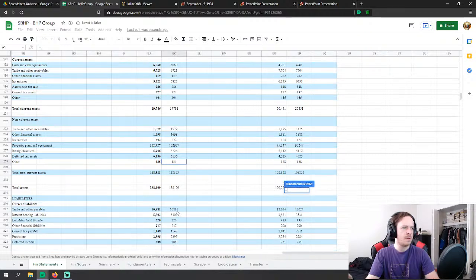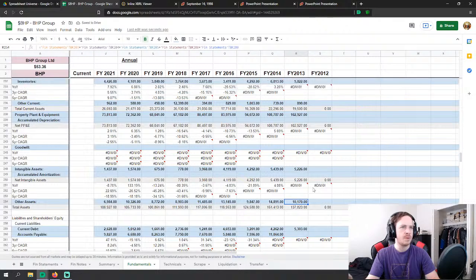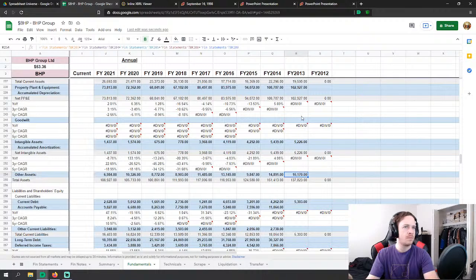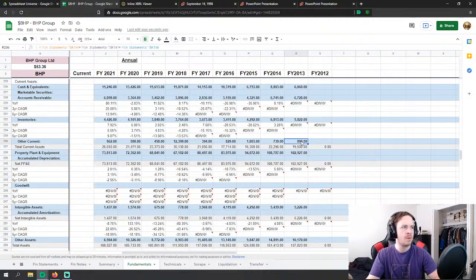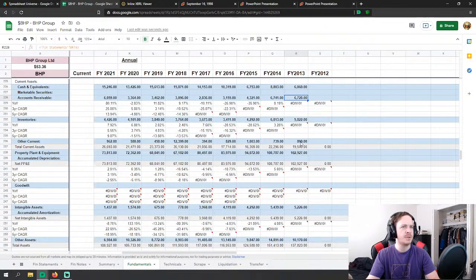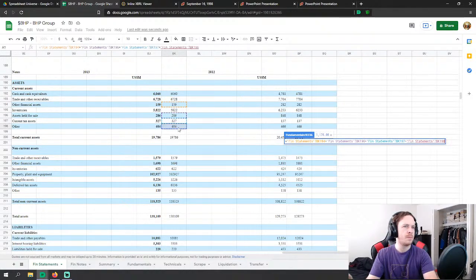There. Intangibles, property, plant, equipment, 1950 for currents. So that was the problem. Receivables. Oh no, probably not. There we go.